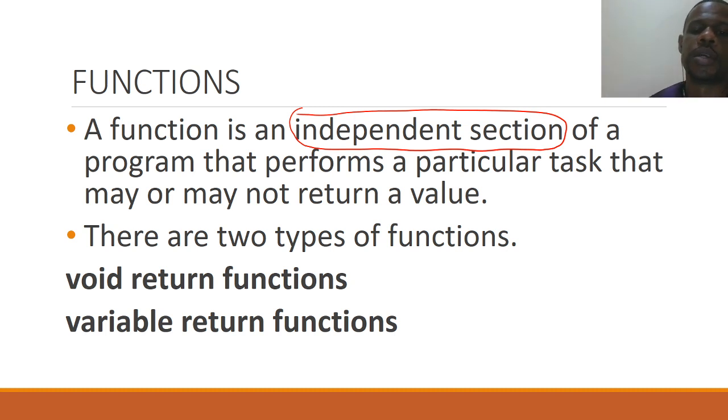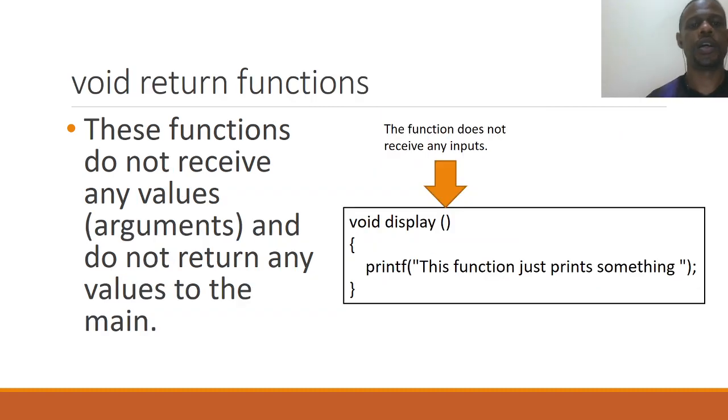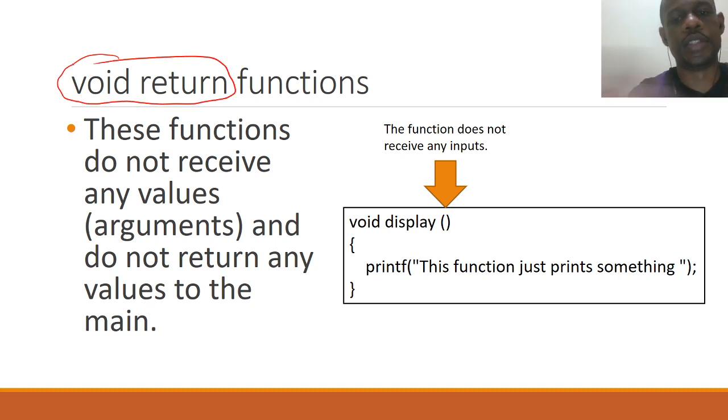So there are two types of functions: void and variable return. Now, I'm just doing this based on straightforward teaching, but usually, as I said at the start, I need questions to know what people don't understand, but I'm just trying to explain it as thoroughly as possible and still make it simple for you. So you have two types of functions, void functions. A void function does not send anything back.